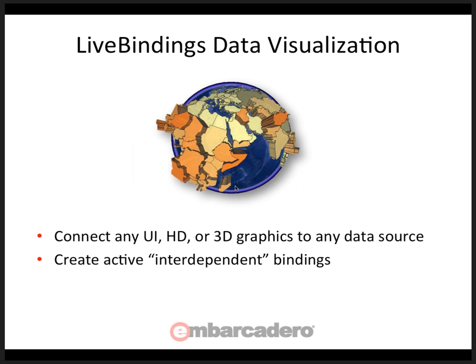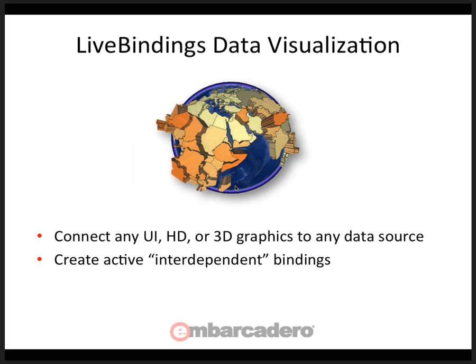Of course, this supports scenarios where you want to take a table and present that in a grid, or take a text field and present that in a text control. But one thing that live bindings can do is take advantage of the runtime type identification available in the runtime library underneath C++ Builder and allow you to map properties and data together.